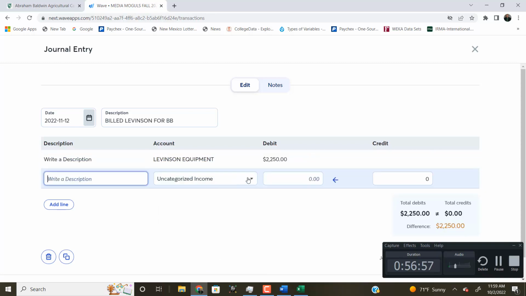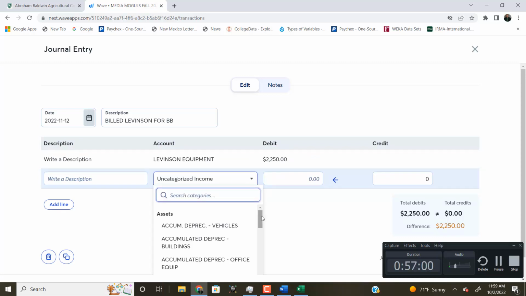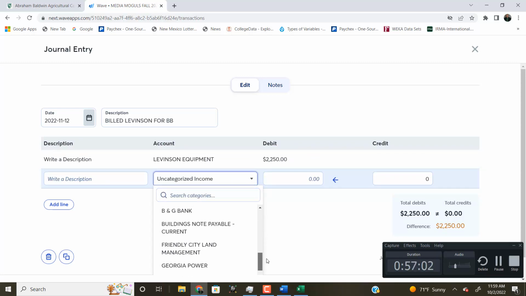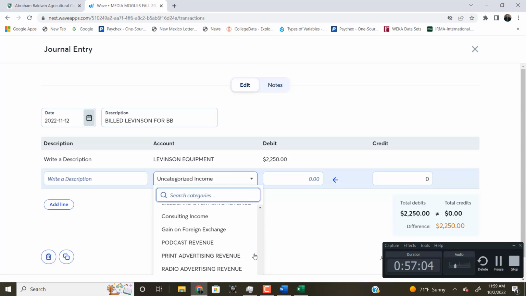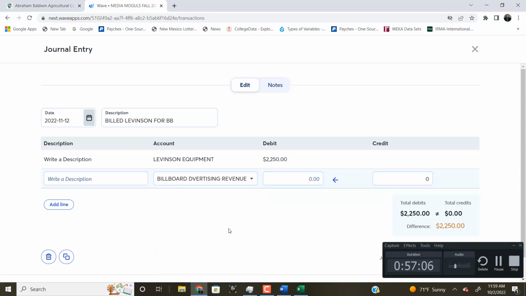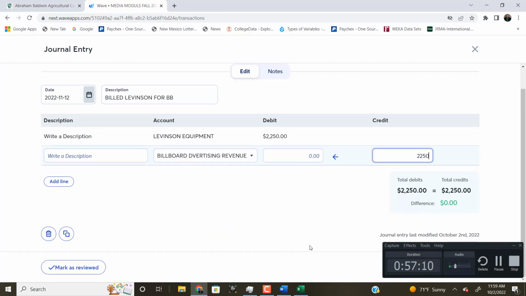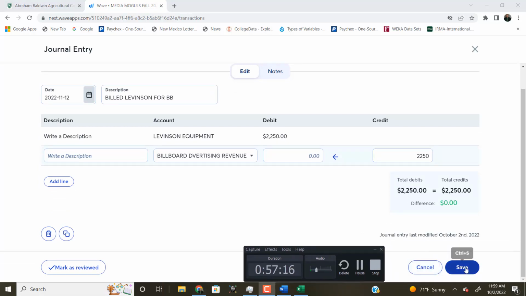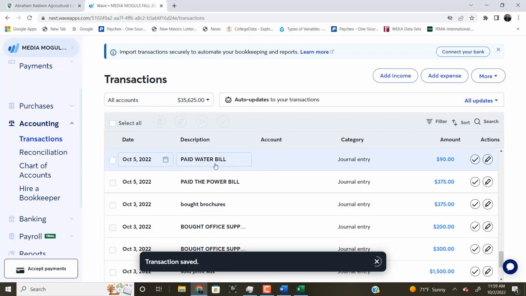And down here under income, billboard advertising revenue, 2250. Now I think we should be okay. Move this thing out of the way. Minimize it for a second.